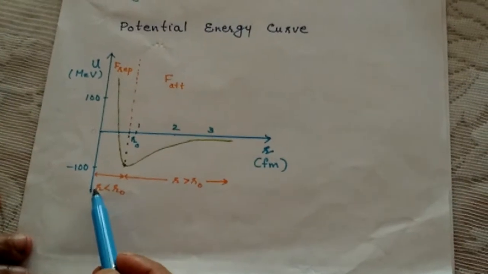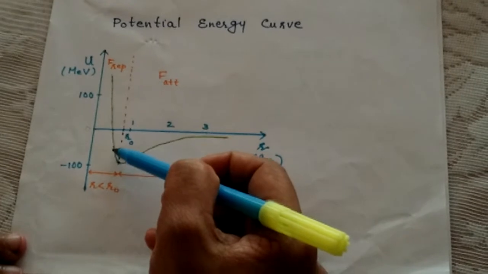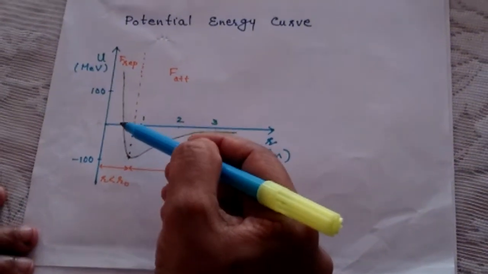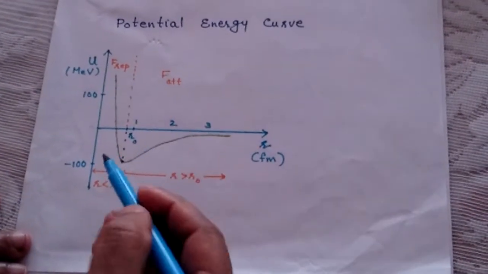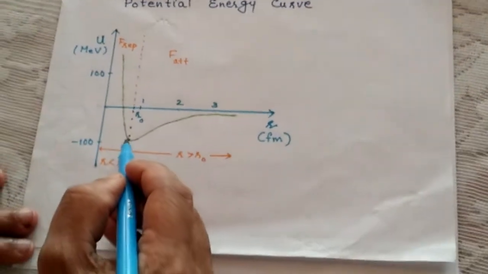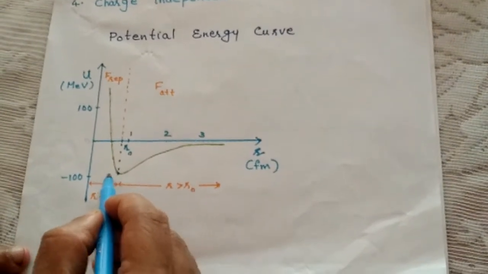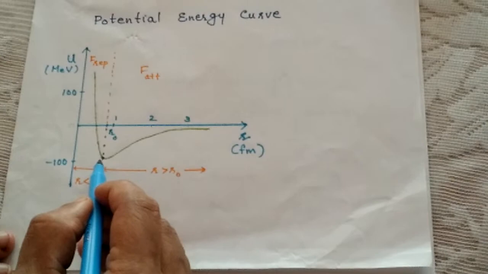For distances less than R0, the potential energy increases and becomes positive. That is, attractive force decreases and becomes repulsive. So the nucleons cannot come closer. They will be at separation R0 or equilibrium separation.